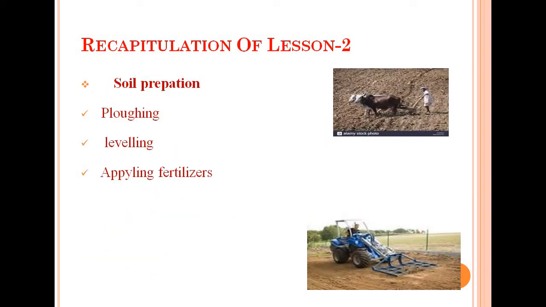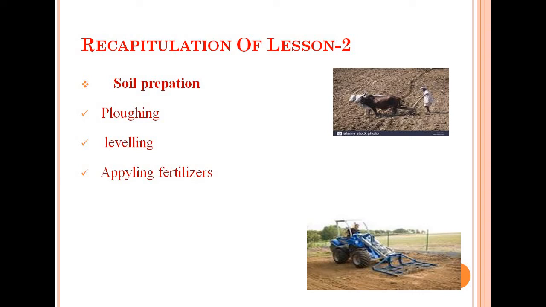In lesson 2 we discussed soil preparation, the method in which the soil is prepared before growing the crop. It involves 3 processes: ploughing, leveling and applying fertilizers.